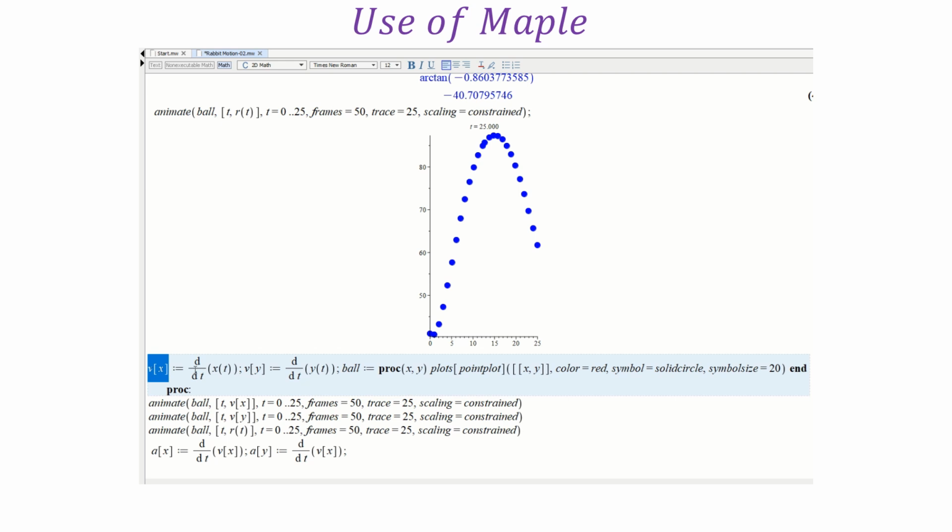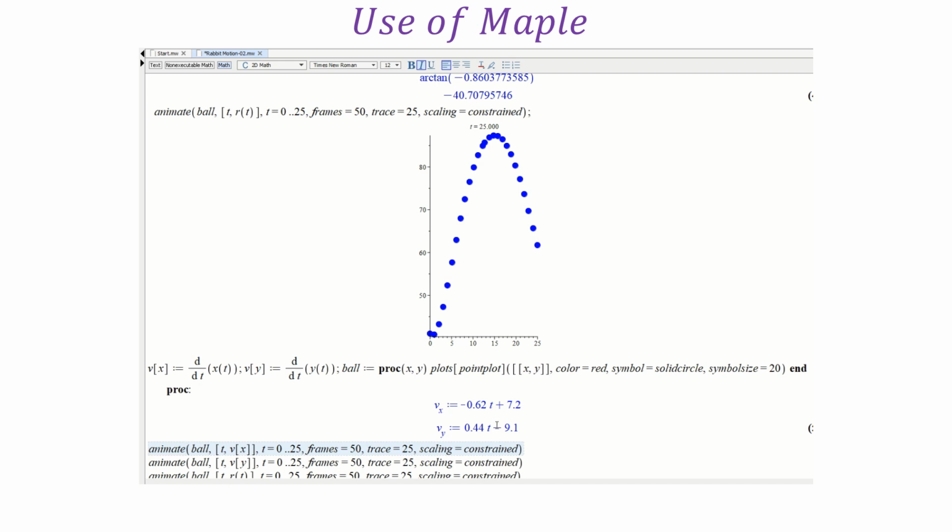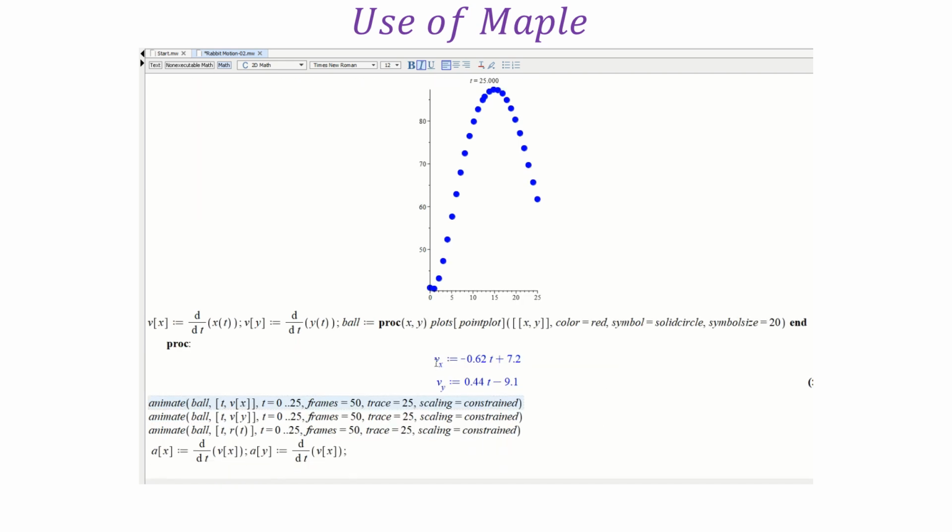V square bracket x will designate v suffix x, which is d by dt of x of t, that is the rate of change of x position. And similarly for y, a ball with a red color we have chosen, and you can find out Vx, that is the x component of velocity, as a parametric function of time.